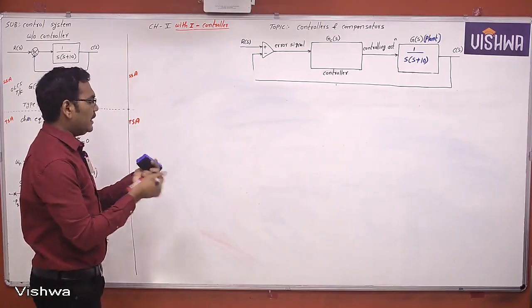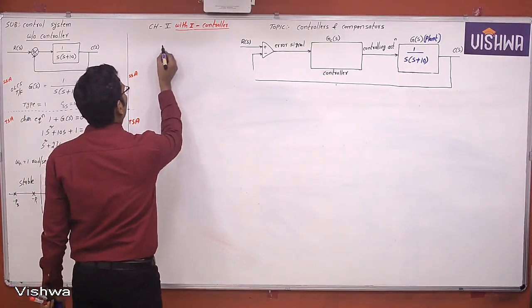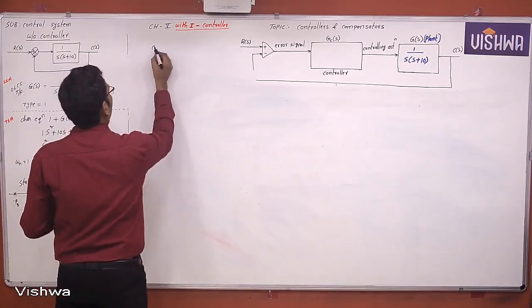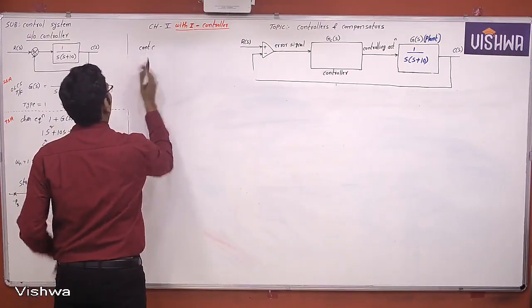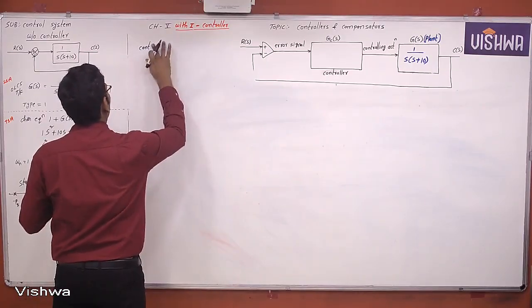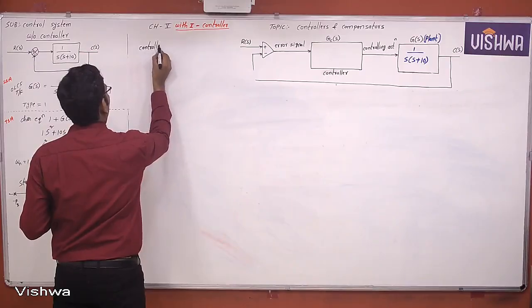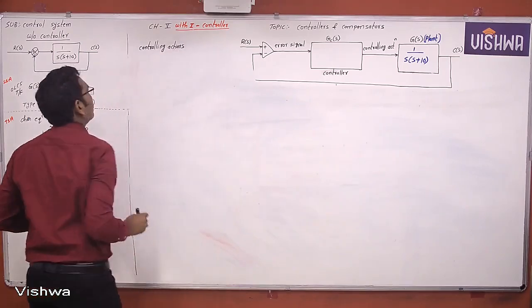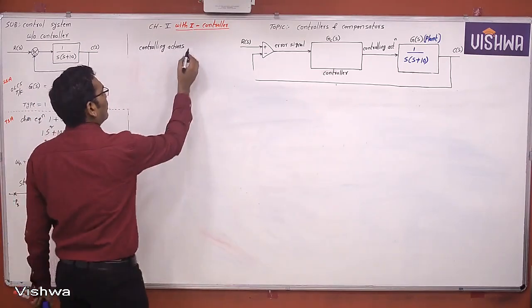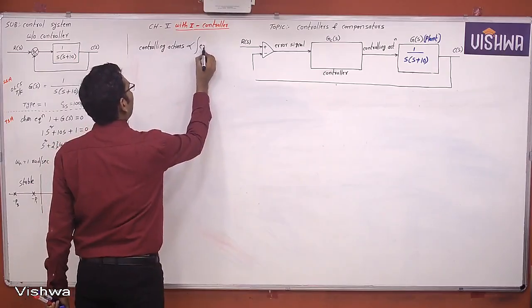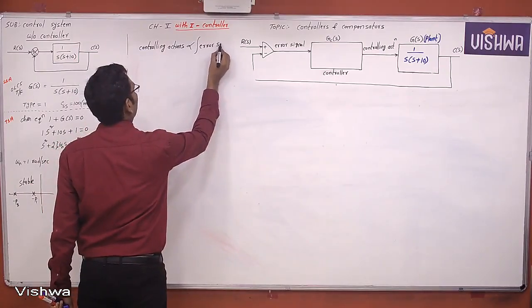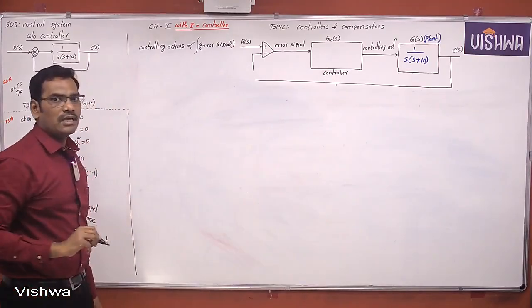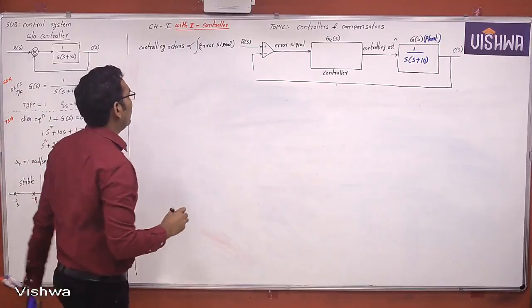Now see here, the controlling actions are proportional to the integral of the error signal.